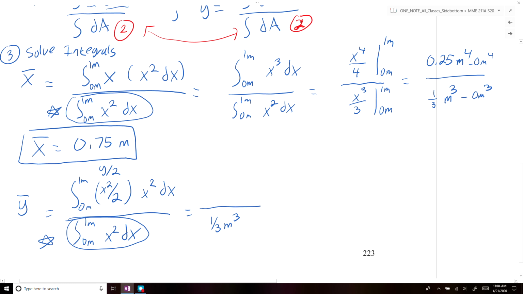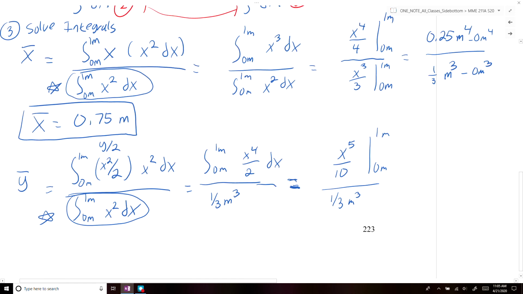So if we evaluate this integral, we would get the integral from 0 meters to 1 meter of x to the 4th over 2 dx, and if we integrated this, we would get x to the 5th over 10 from 1 meter to 0 meters, over 1/3 meter cubed.